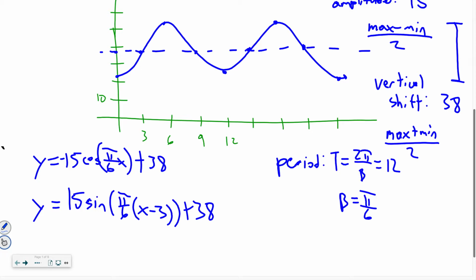I was making this match up with sine, not making sine match up with this. Yes? Pretty much just shifting it to make it start in the middle and origin. Yes. Yeah. So thanks for pointing that out. Why doesn't the plus 3 work? Oh, because plus 3 shifts this left.